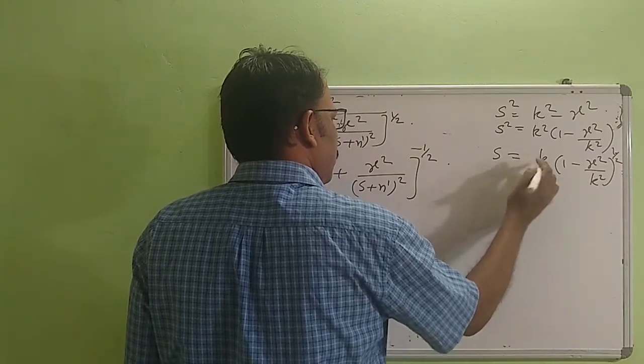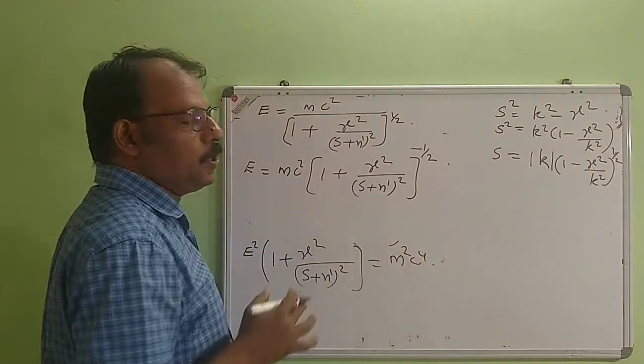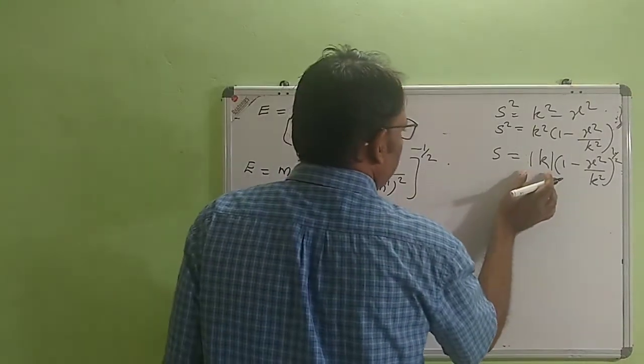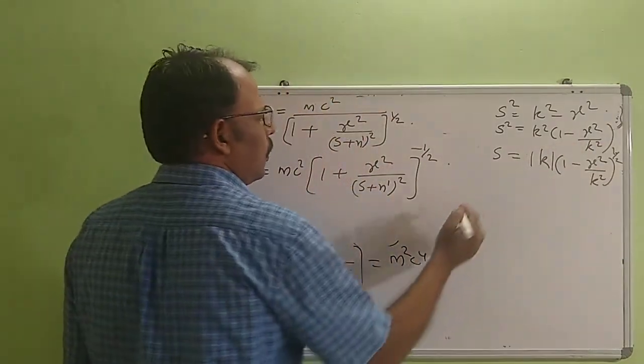We take mod k because, as I told you earlier, s should have a positive value. So we will take mod k into (1 minus gamma square by k square) the whole raised to 1 by 2.